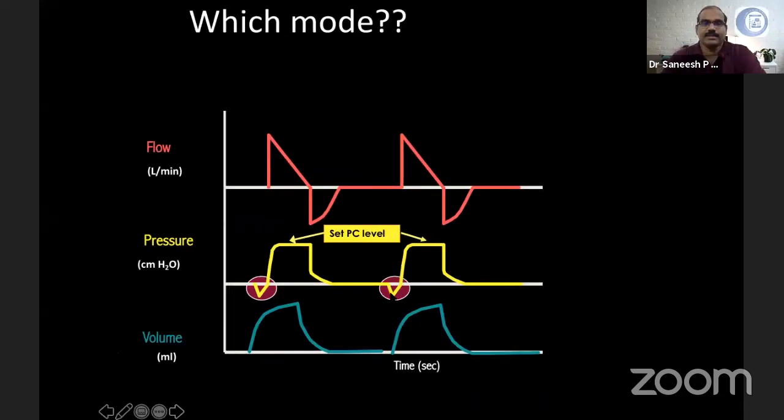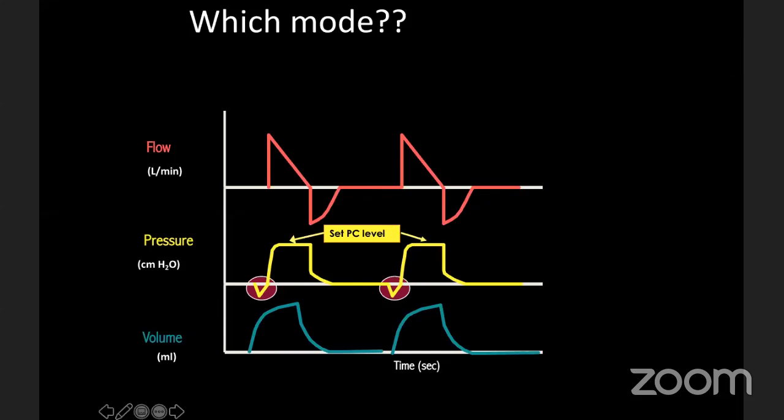Okay. So you have to pick up all the information you can and brief us with this graphic. We have a flow versus time, pressure versus time, volume versus time. Okay, sir. This is starting with the flow. The first breath, it is a ventilator triggered breath. It's a control mode.